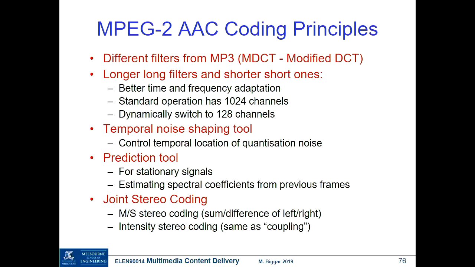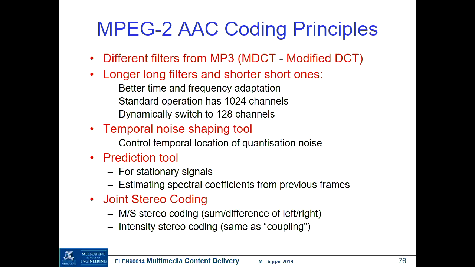If the signals were quite similar because there was dialogue, for instance, in the movie, then we would take the sum and the difference, which are more decorrelated. And they also introduced this high frequency coding approach. Dolby calls it coupling. MPEG does essentially the same thing, with slightly different parameters, and they just give it a different name, intensity stereo coding.